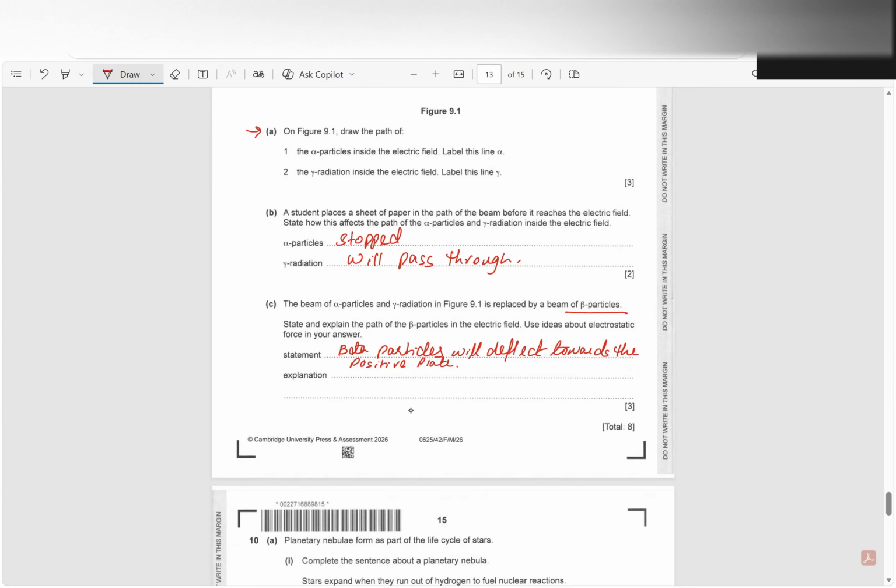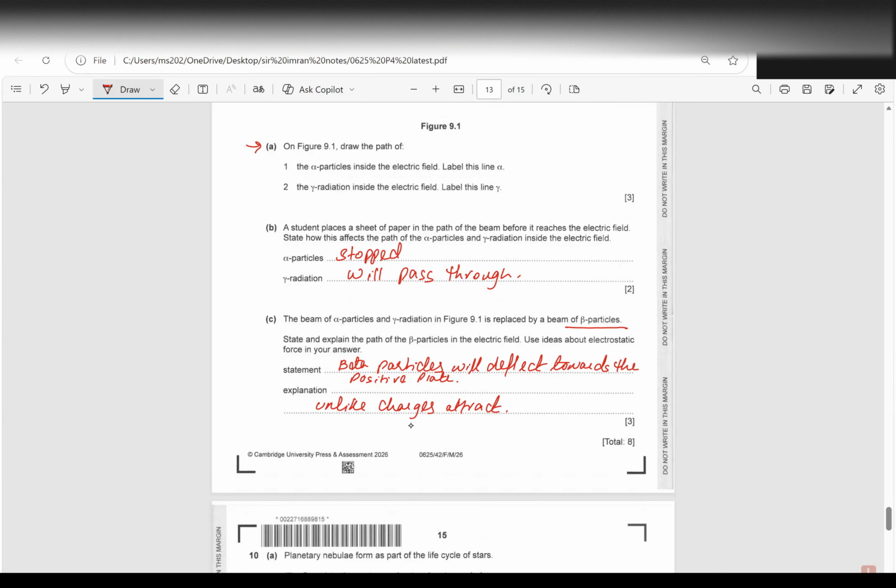Okay, moving on. So we're going to write over here: unlike charges attract.